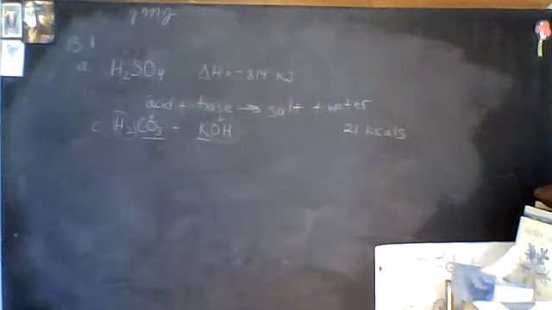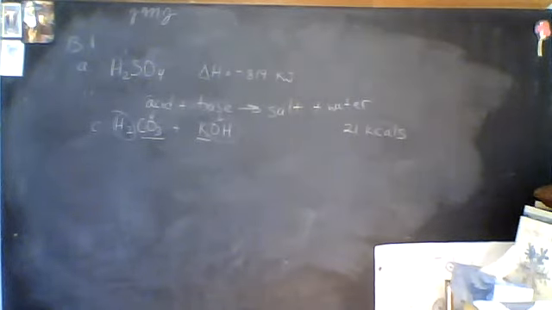Do we have to do it in joules? I don't believe that we need to put the energy into a different form. The energy here is positive, so it's endothermic.